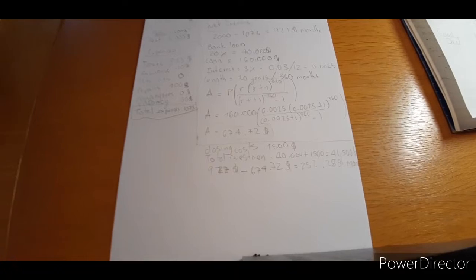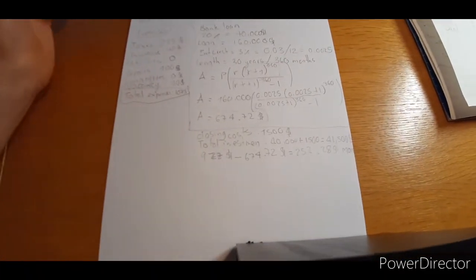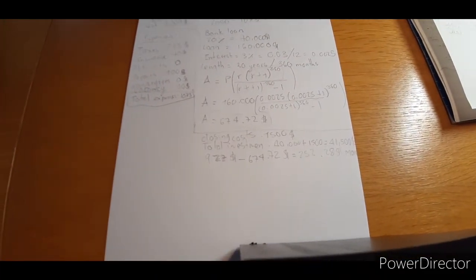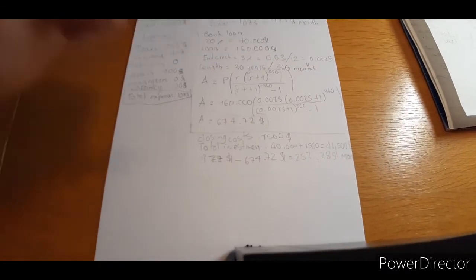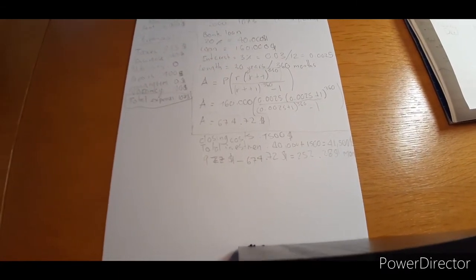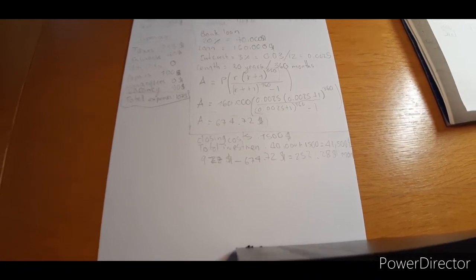After this calculation is made, you are going to multiply that by 12 in order to look at the year cash flow.